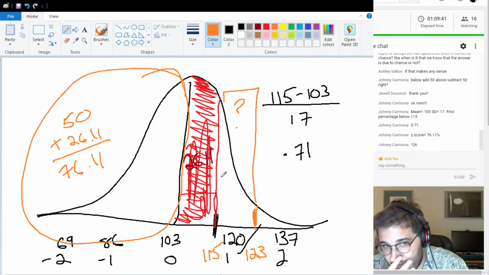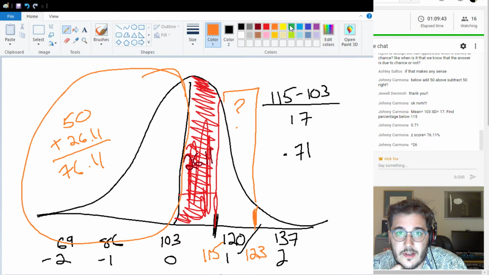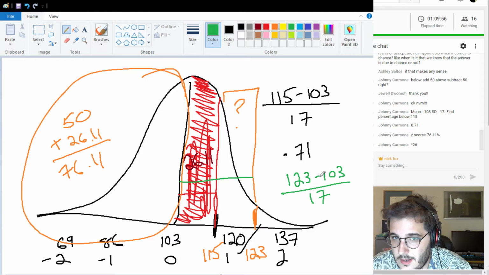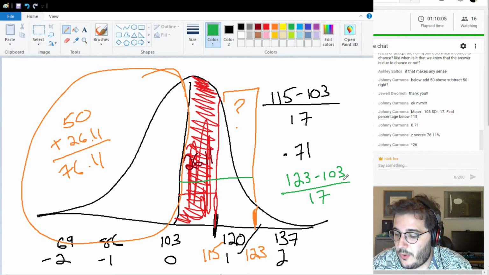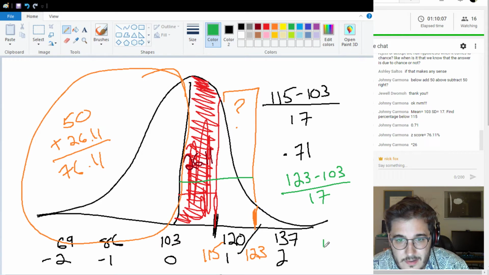So now what you have to do is find the z for 123. 123 minus 103 divided by 17 is 20 divided by 17, so that's 1.18. So 1.18 is the z value.